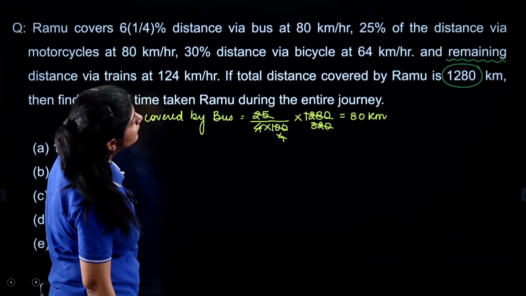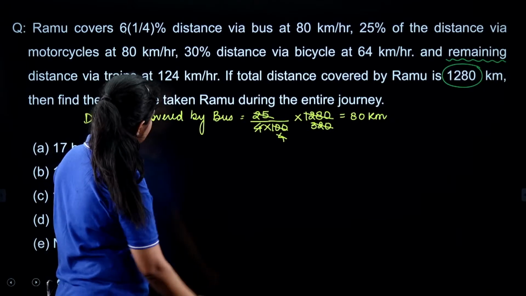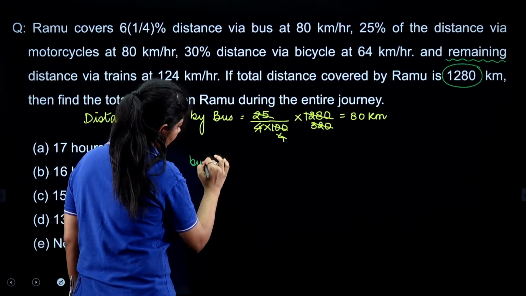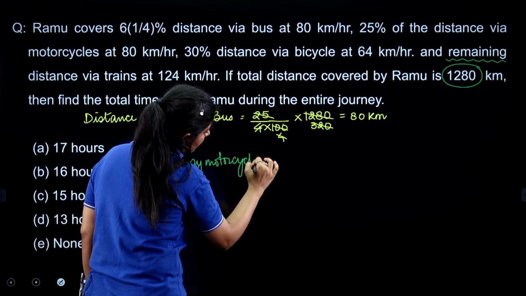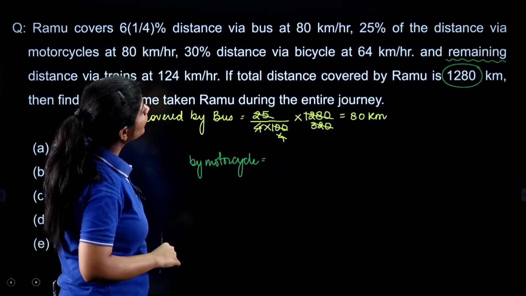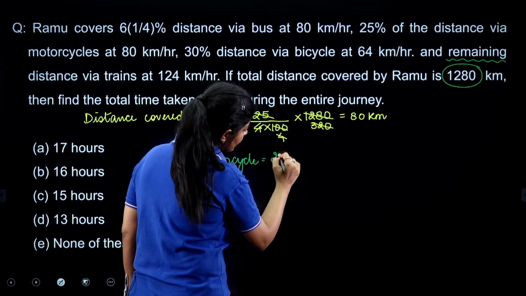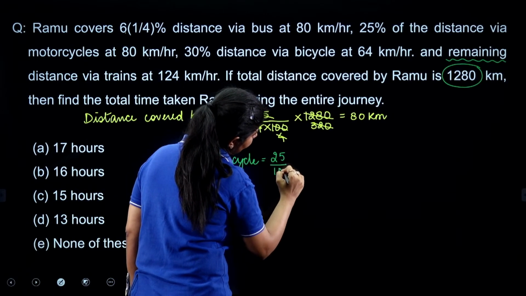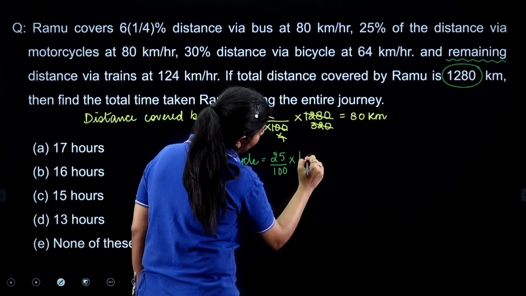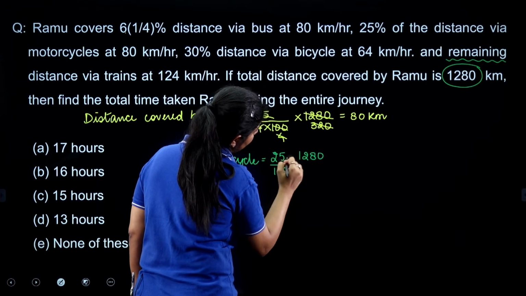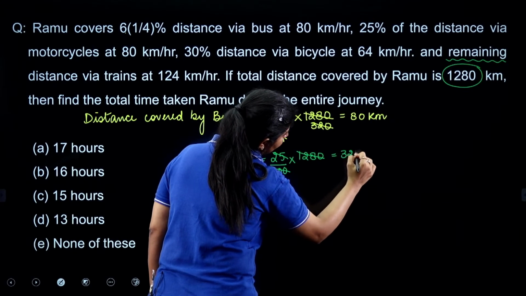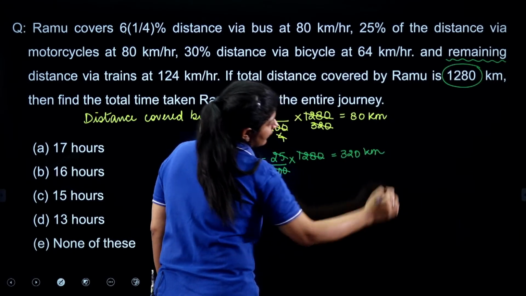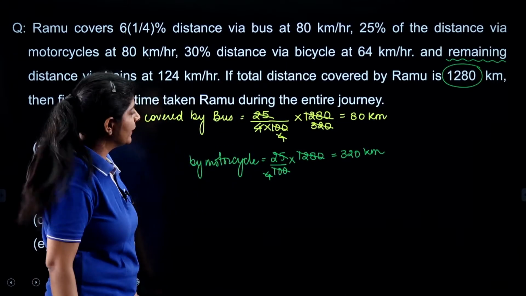The next transportation is the motorcycle, which is 25%. So 25 by 100 of 1280 again gives 320 kilometers.